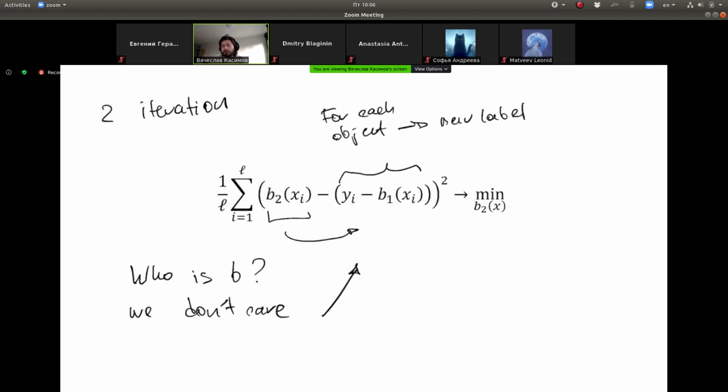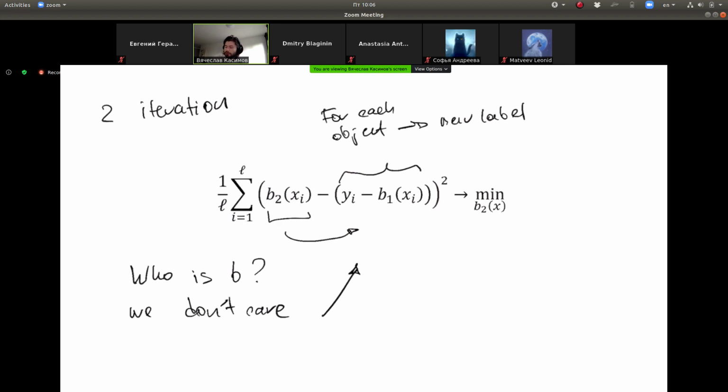And this is quite a desirable result because maybe a new algorithm will be developed, or we would like to use a different B, and we would like to keep our procedure of making ensembles.